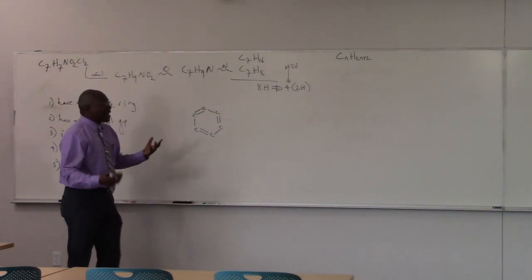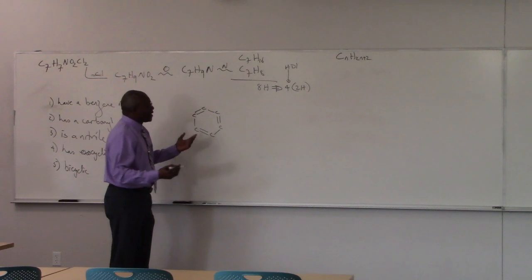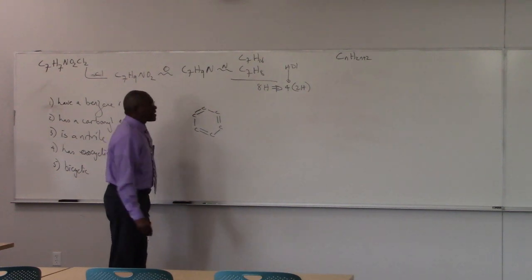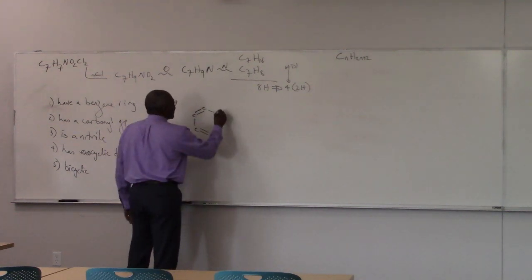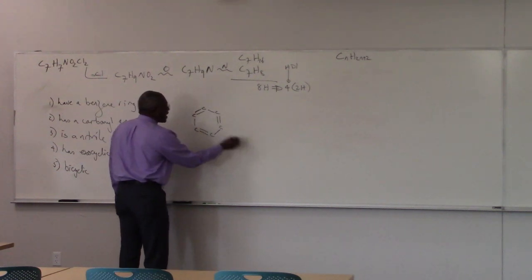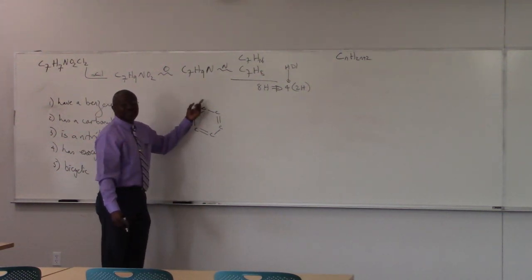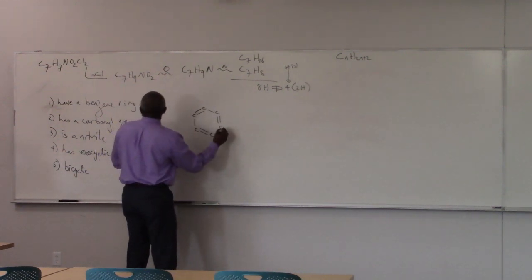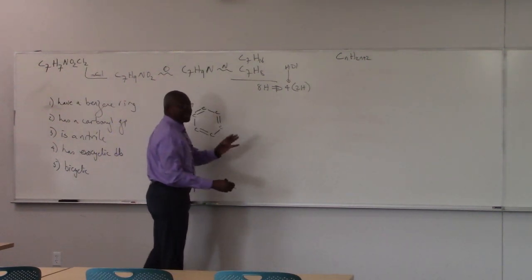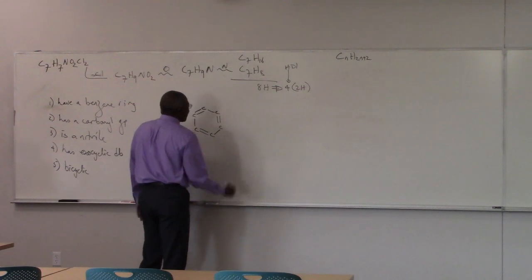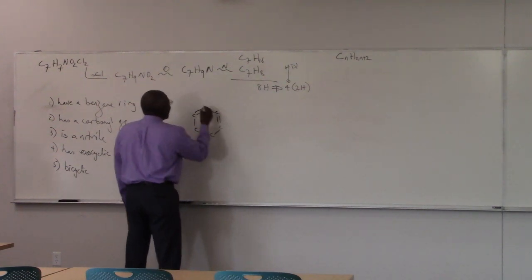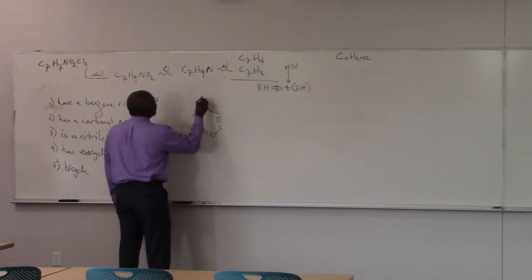And guys, I could do this in 1,000 ways, right? I can have a C here, and the N here, and an O here, and another O here, and the Cl's there. Or I can put them all together. It really doesn't matter. So I'm going to put the carbon here.